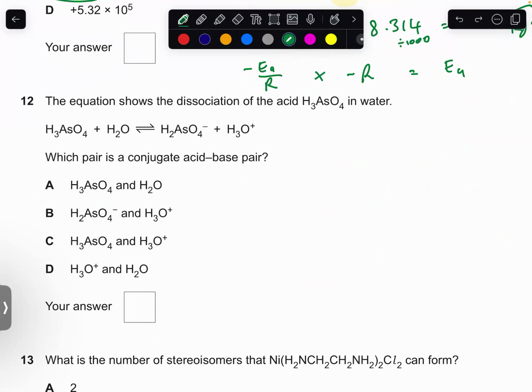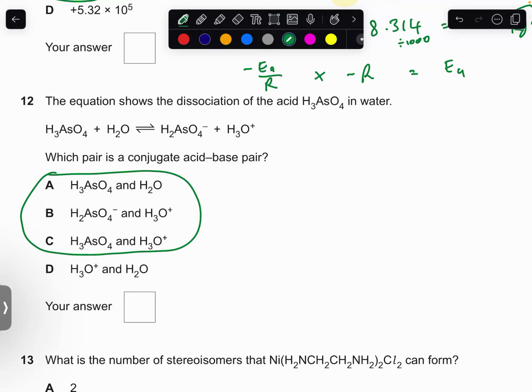The equation shows the dissociation of an acid in water. Which pair is a conjugate acid-base pair? You see the word conjugate. I don't know the Oxford Dictionary meaning, but it basically means they are the same thing, but two different versions of it. So my understanding is that it can't be any of the first three, because it should be the same thing, missing or gaining an H plus ion.